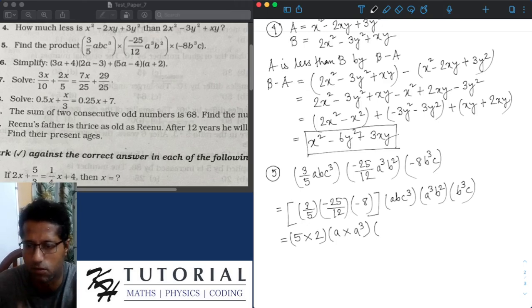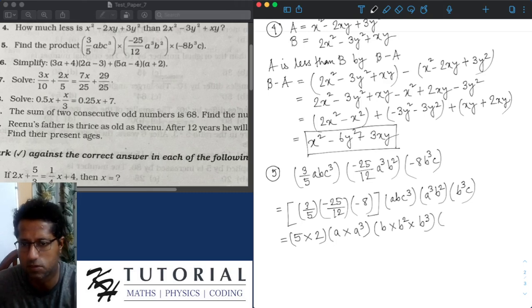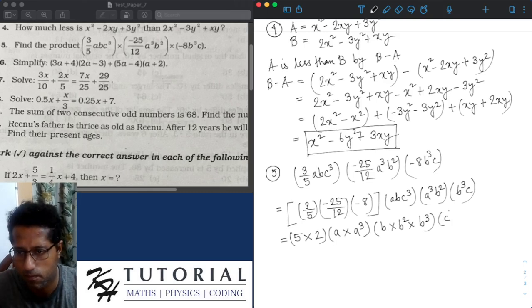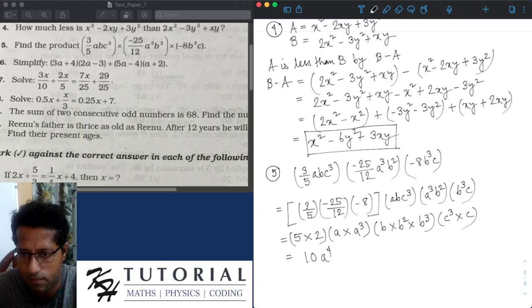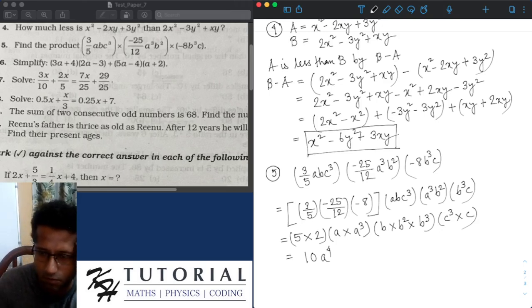From the first literal coefficient we get b, from the second we get b square, and from the third we get b cube. Similarly for c, from the first literal coefficient we get c cube, and from the third we get c. Now 5 into 2 is 10. A into a cube is a to the power 4. B into b square into b cube is, so now we are applying the concept of exponents.